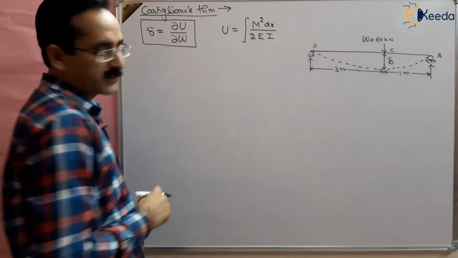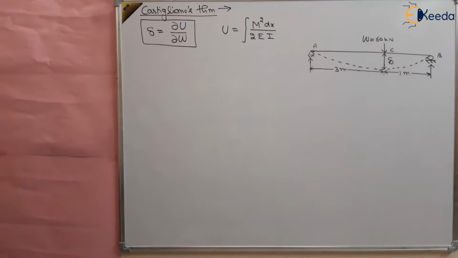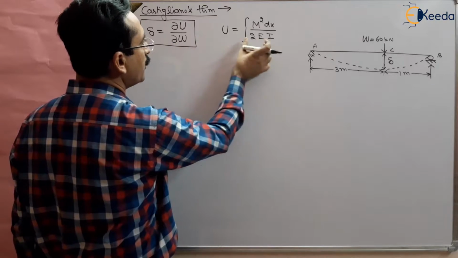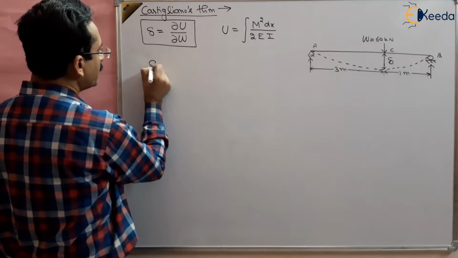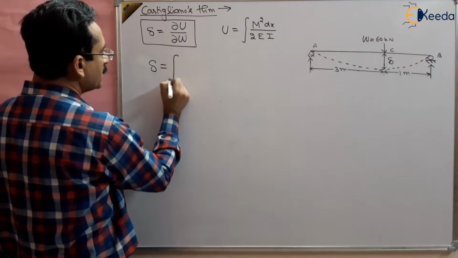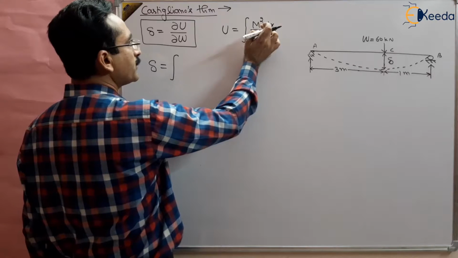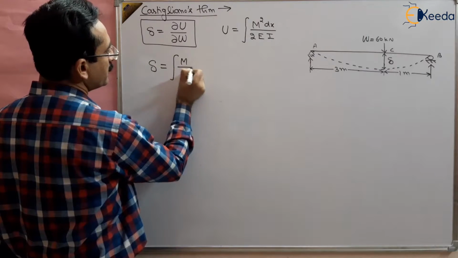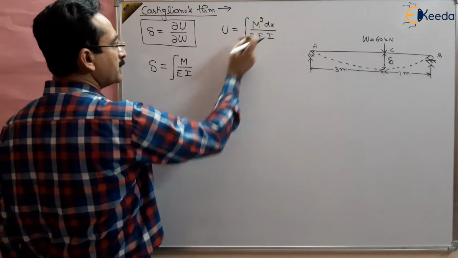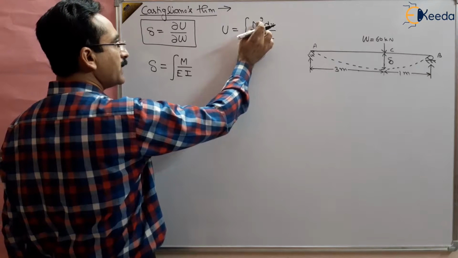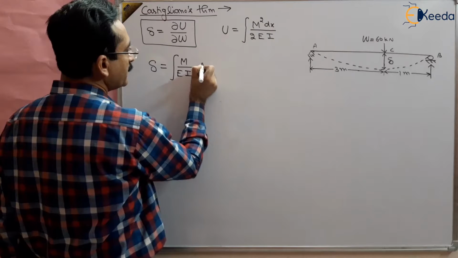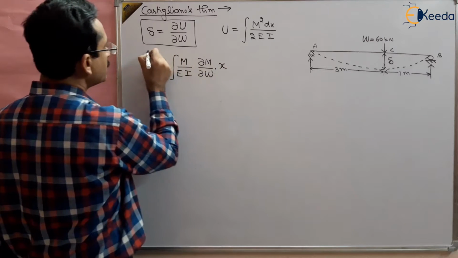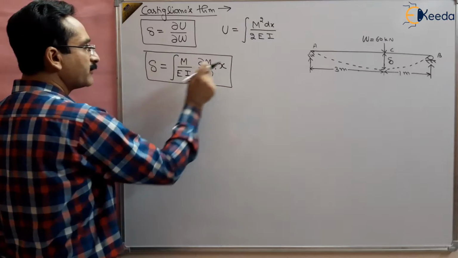So when we partially differentiate it with respect to load, the derivative of M squared will be 2M, the 2s cancel, and we get M by EI multiplied by del M by del W into dx. So this is the deflection under a given load W.